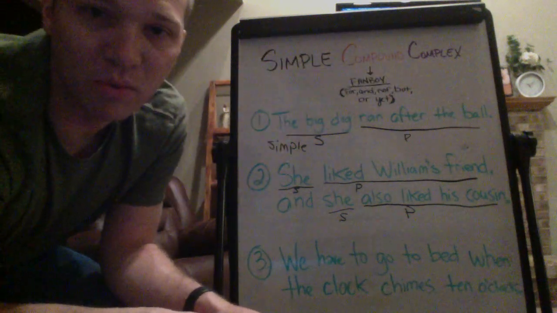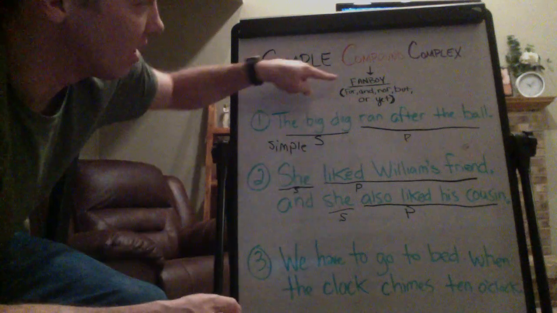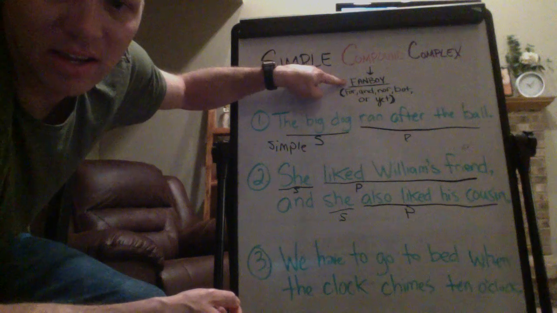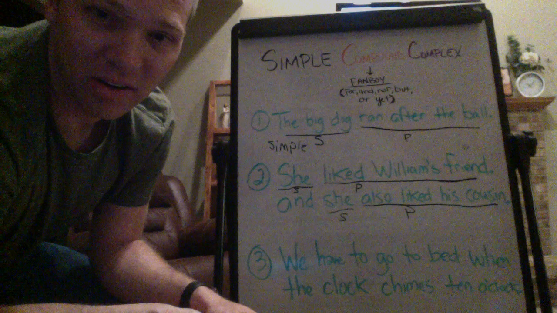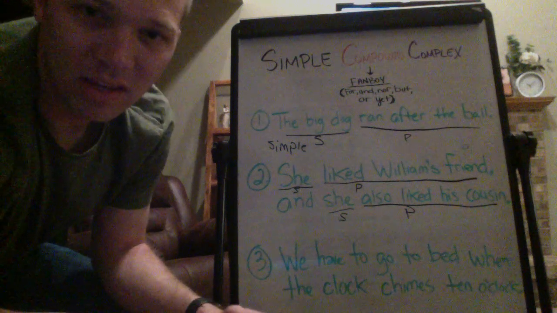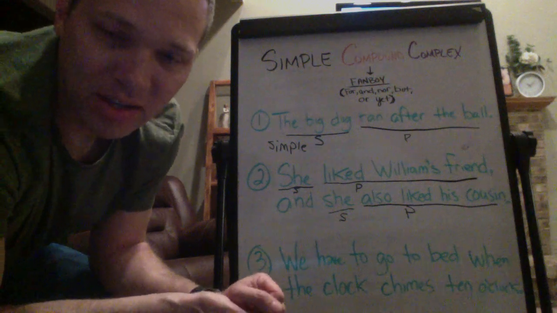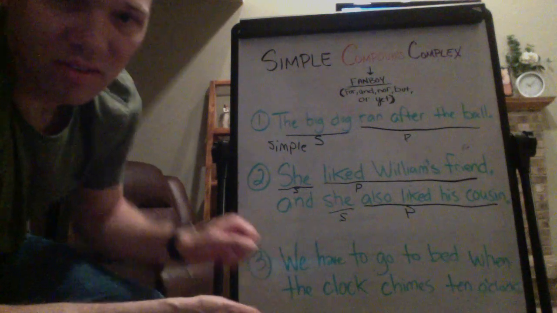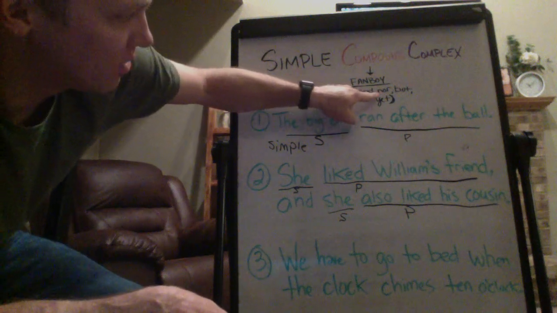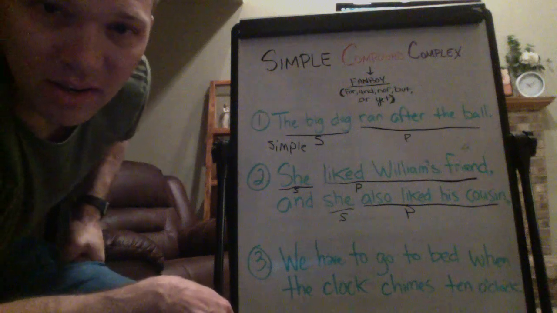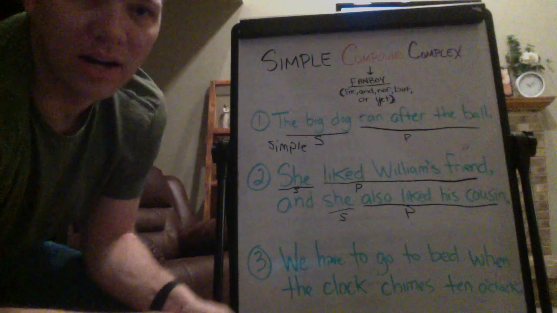Now the difference between these two is that for compound sentences, the connecting word is going to be one of these words up here. Okay, notice I have FANBOYS. FANBOYS stands for an acronym. Okay, so if it's any of these words, the F is for for, the A is for and, the N is for nor, the B is for but, the O is for or, and the Y is for yet.